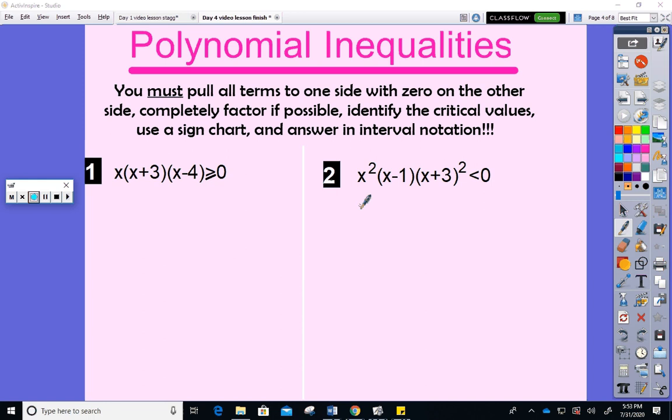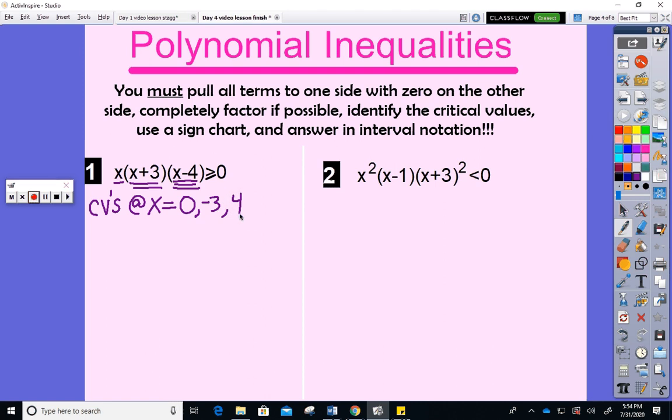Now, on number 1, I've taken a lot of the hard part out of the problem because I've already factored it. So when you factor it, you can easily see that your critical values, which I'll abbreviate as CVs, are at x equals, from the factor of x, 0, from the factor of x plus 3, negative 3, and from the factor of x minus 4, positive 4.